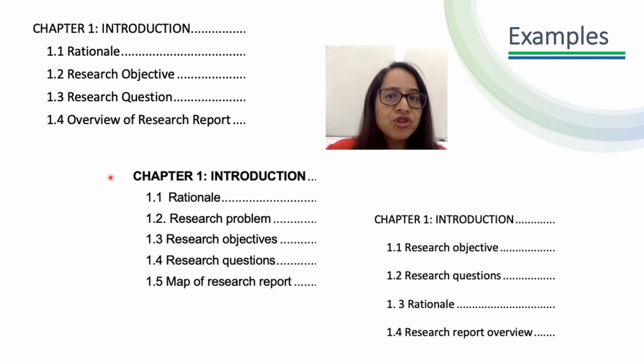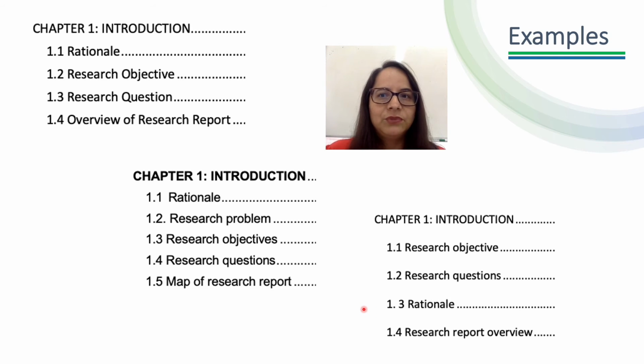The second one also follows this structure, but after the rationale, the student decided to include a separate subsection describing the research problem in terms of the specific context where the study was conducted. We can see that the third example slightly differs from the usual structure, as it presents the research objective and questions before the rationale.